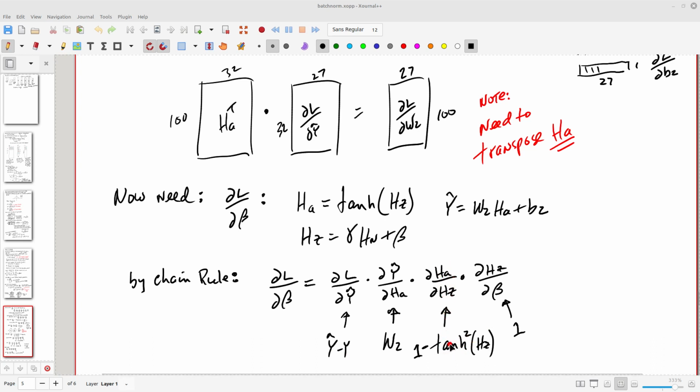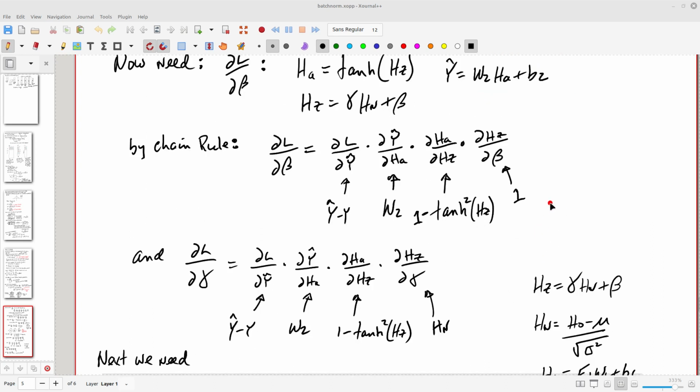You can just look that up if you want. And the derivative of HZ with respect to beta is just 1. That's how we get the loss with respect to beta. You can see in the chain rule that these terms cancel out, and we end up with the loss with respect to beta.